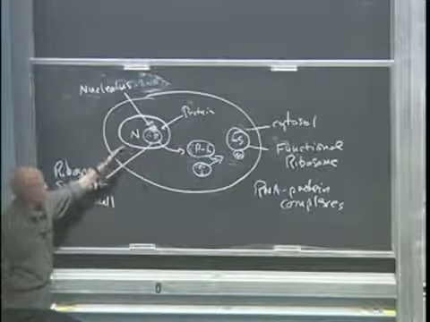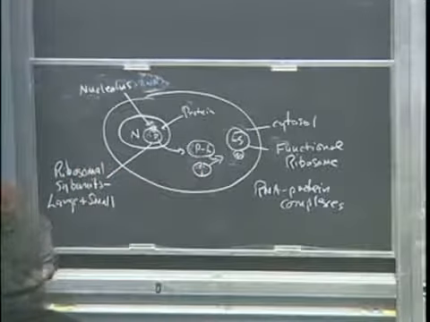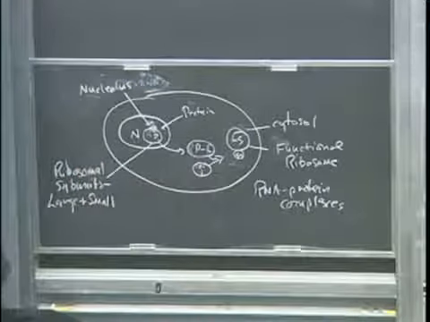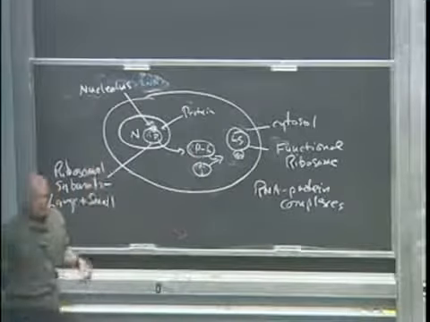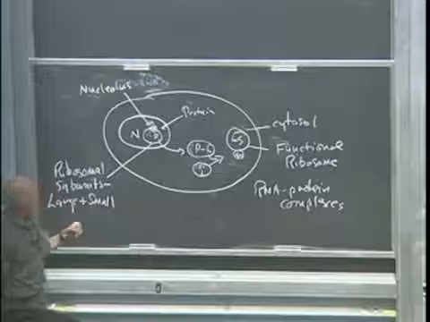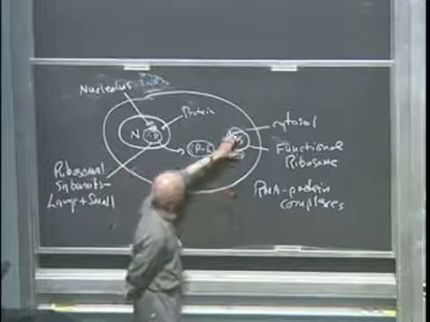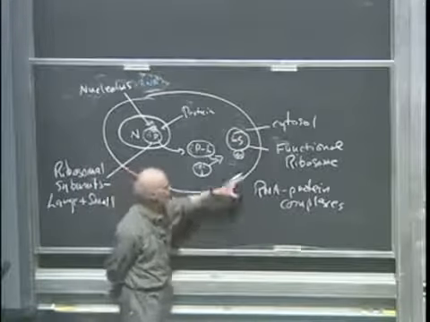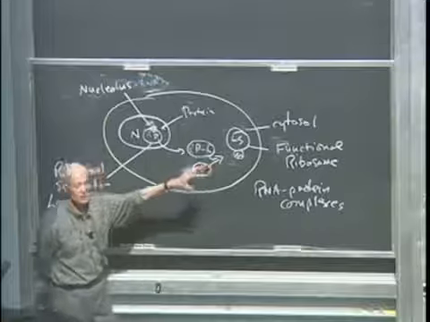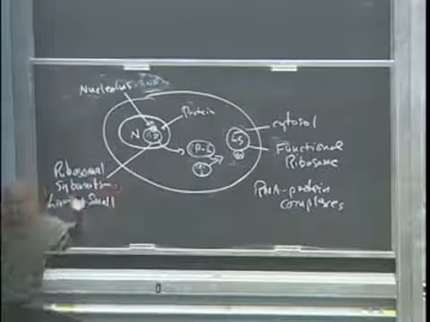The ribosomal subunits are then exported out into the cytosol of the cell. They stay as individual subunits until they become involved in protein synthesis, at which point they combine to form a functional ribosome. So a functional ribosome only exists in the cytosol of the cell after the combination of a large subunit and a small subunit.